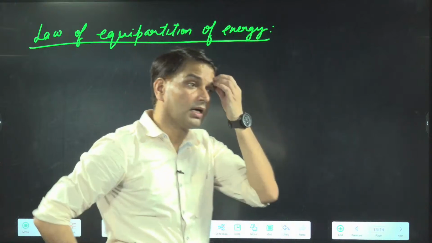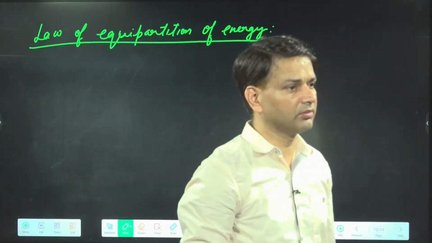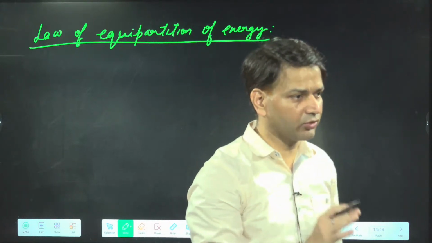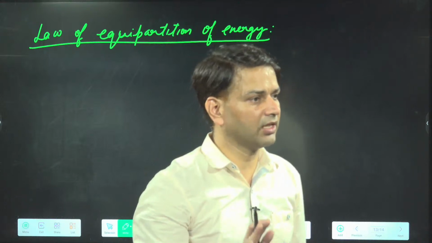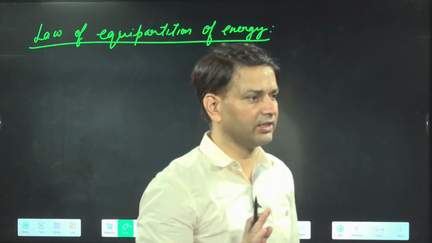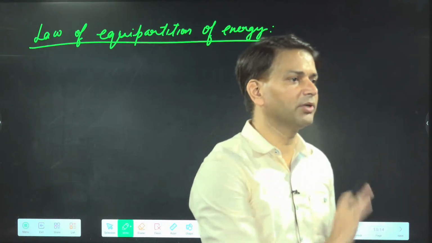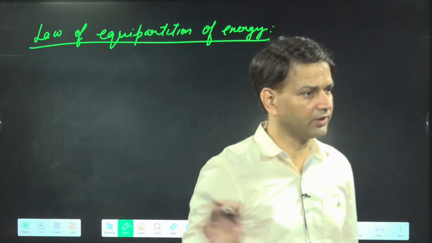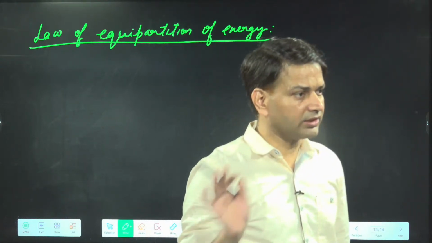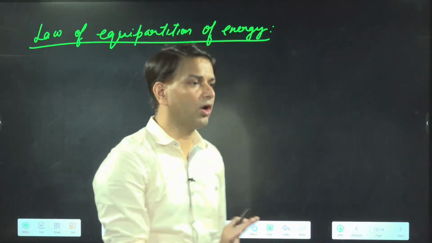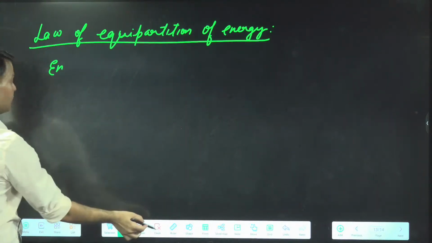Maxwell gave the law of equipartition of energy, which means the energy of a gas is equally distributed among all the degrees of freedom. Suppose the total energy of the gas is E and it has F degrees of freedom. Then each degree of freedom will have E by F. So what was the law? Energy of a gas is equally distributed among all degrees of freedom.